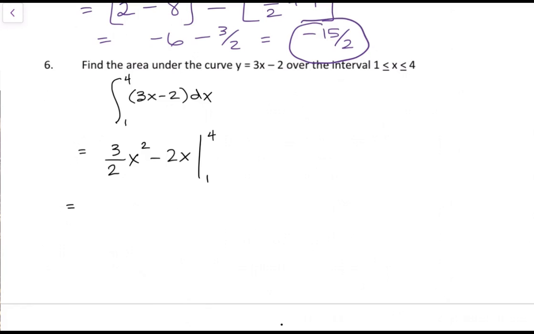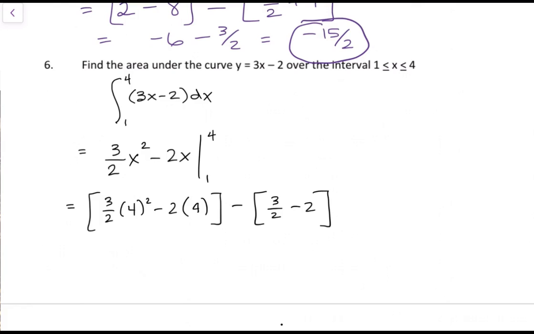So we start by replacing all of those x's with 4, minus, replace all of those x's with 1, which is just going to give me 3/2 minus 2. So on the left-hand side here, 16 times 3/2 would be 48/2, or 24, minus 8.